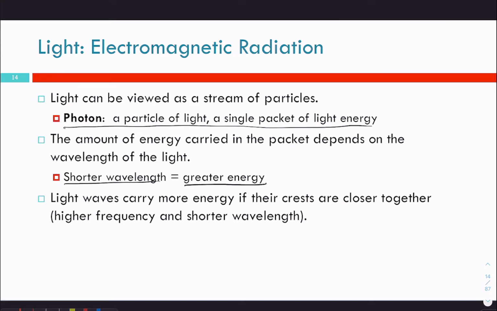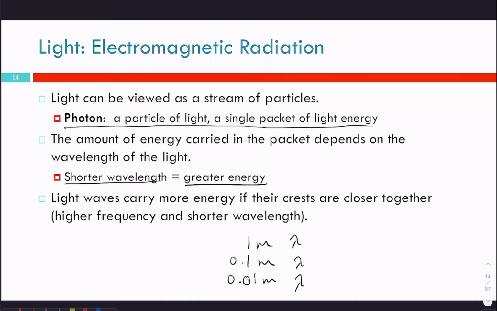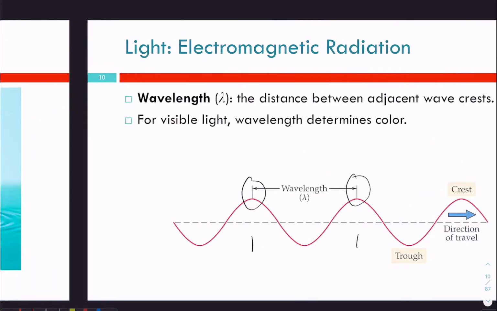This is the kind of qualitative assessment question that I would ask you. I give you a list of wavelengths and ask which of these is the highest energy. So if we had wavelengths of 1 meter, 0.1 meters, 0.01 meters, which of those has the highest energy? Lambda is wavelength.